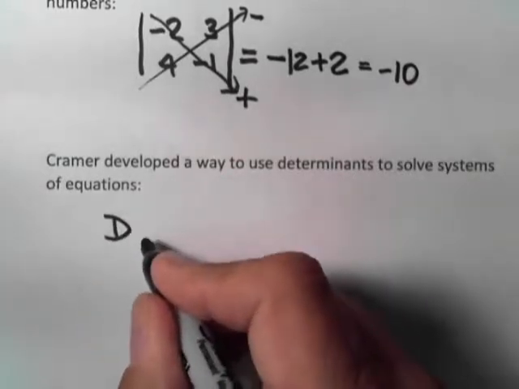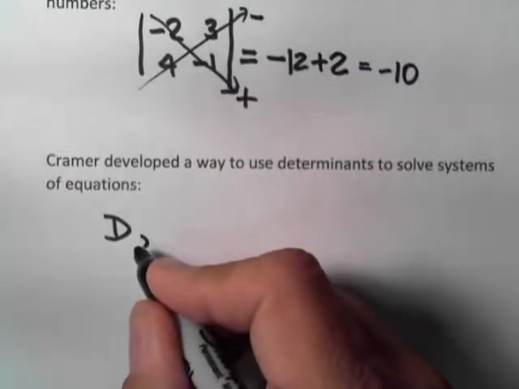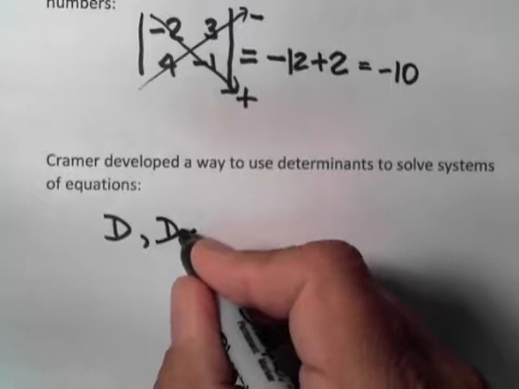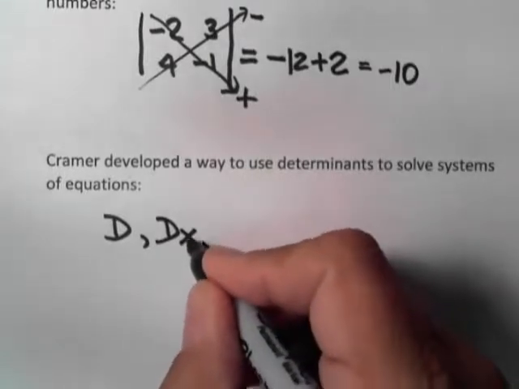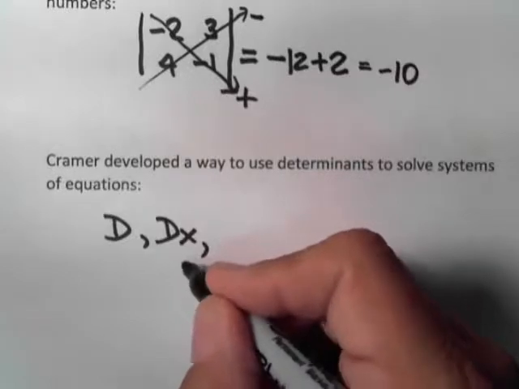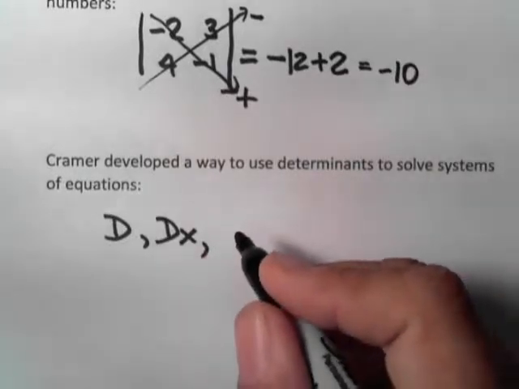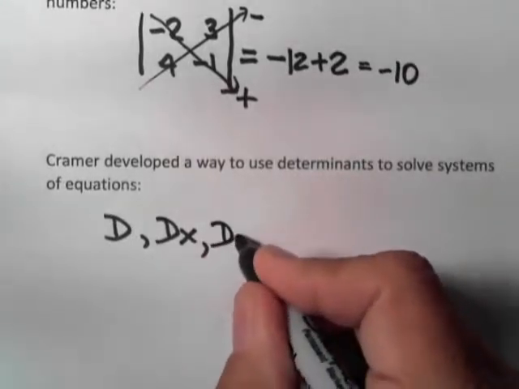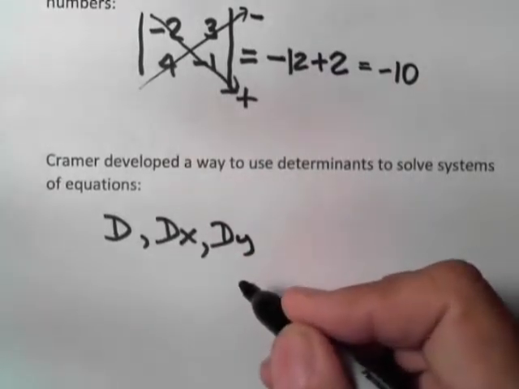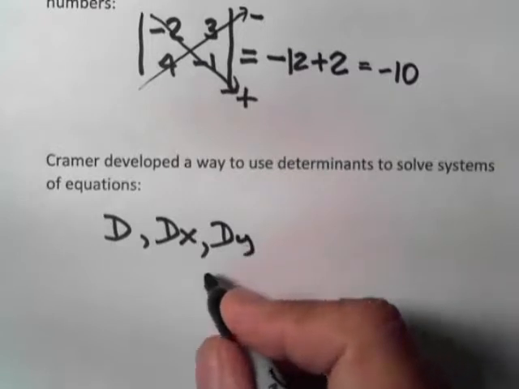D, which is just going to be the determinant of the coefficients of the equation. And then D sub x, where we replace the x coefficients with what the equation equals on the right side of the equal sign. And the same thing with D sub y. So those are the 3 determinants that we're going to be solving.